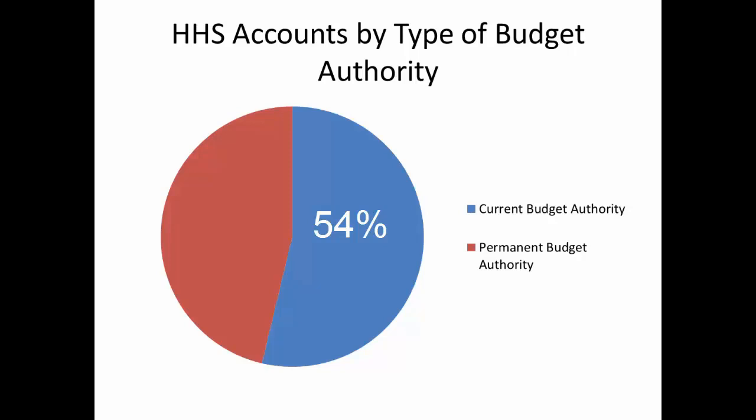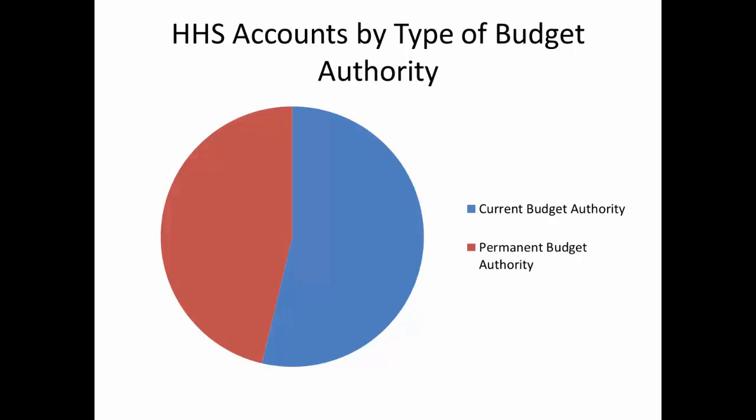So the accounts covered by Modules 1 and 2 are all represented by the blue slice of the pie. The other 46% of HHS unexpired accounts, the red slice, receive funding from authorizing and other legislation, otherwise referred to as permanent budget authority. This module will focus on the language that creates permanent budget authority.